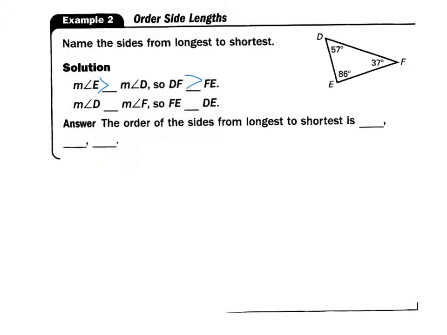And angle D at 57 is greater than angle F at 37, so FE, the side opposite angle D right here, has to be greater than DE. So ranking them from the longest to the shortest, it would be DF, FE, and DE.